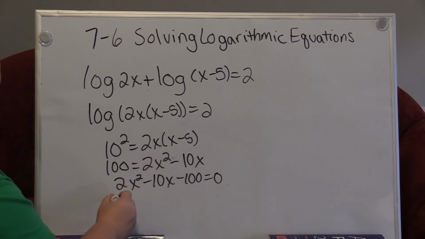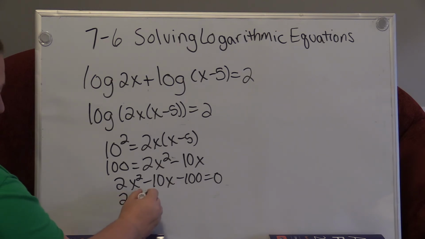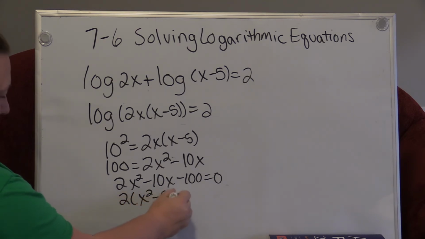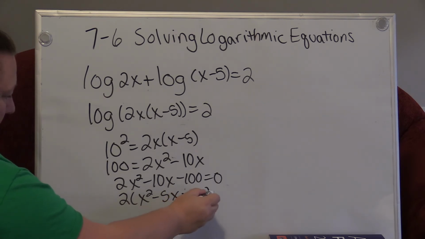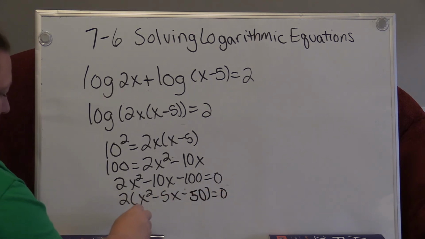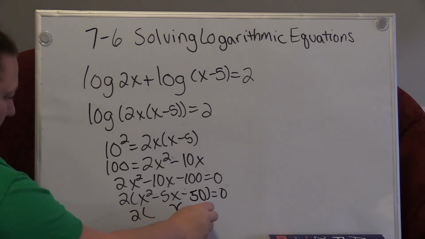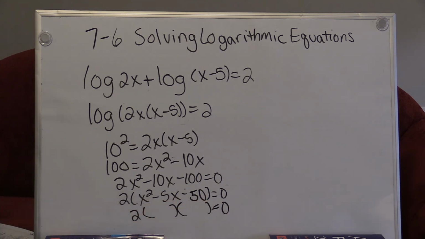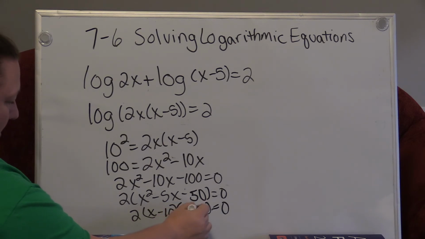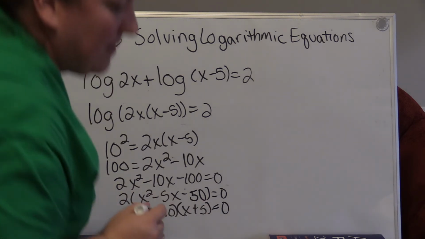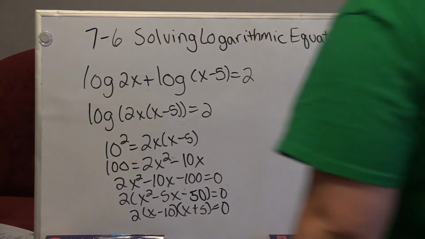So then I take out my GCF of 2, and I get x squared minus 5x minus 50. What numbers multiplied together give me negative 50 and added together to give me negative 5 is negative 10 and positive 5. So I'm going to move over here and finish my problem up.